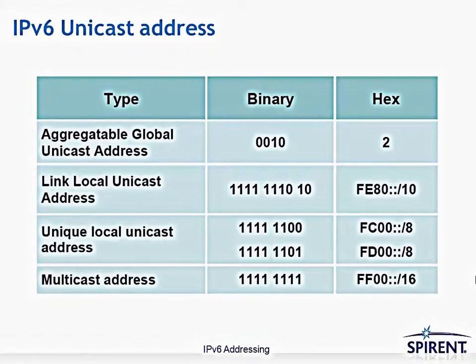Unique local addresses, which we'll talk more about, are somewhat analogous to IPv4's private IP address spaces, in other words just used within your local organization, and have prefixes such as FC00/8 and FD00/8. And then the multicast address space starts with FF00/16.